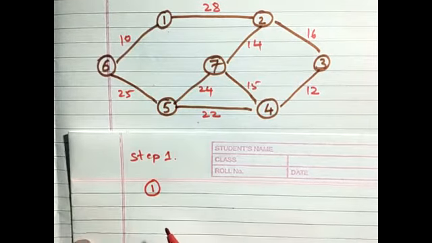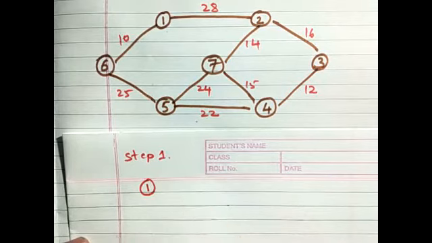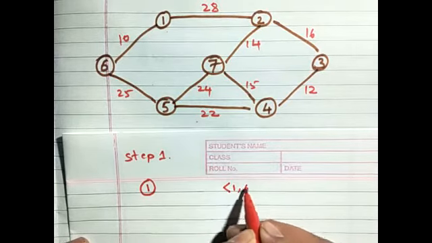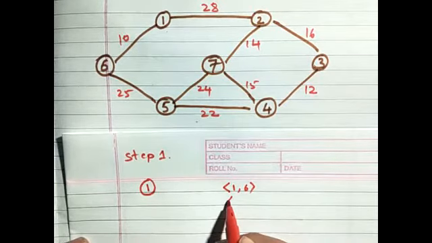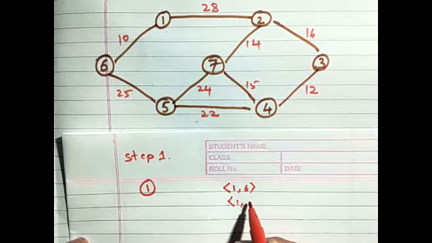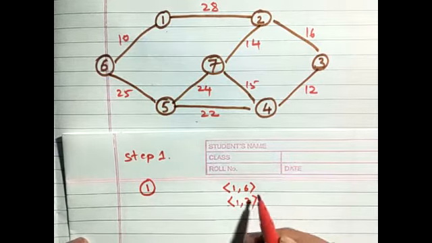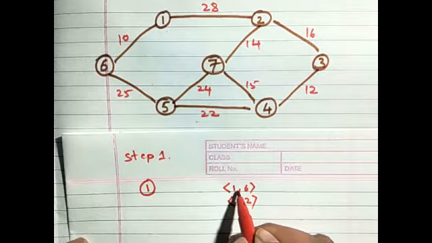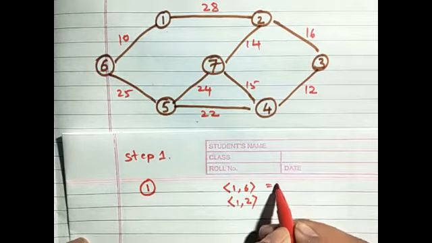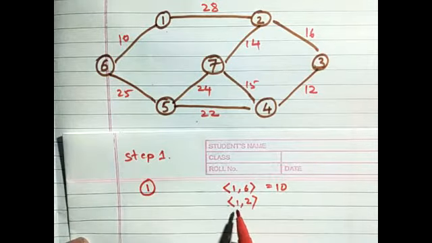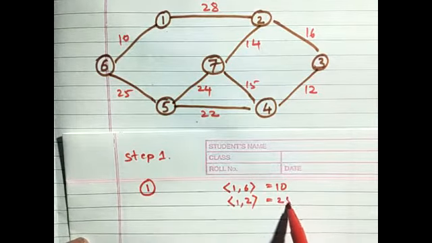That will depend upon the greedy method. So what does the greedy method say? What is the cost involved between vertex 1 and 6? It is 10. Between 1 and 6 it is 10, and between vertex 1 and 2 the cost is 28.